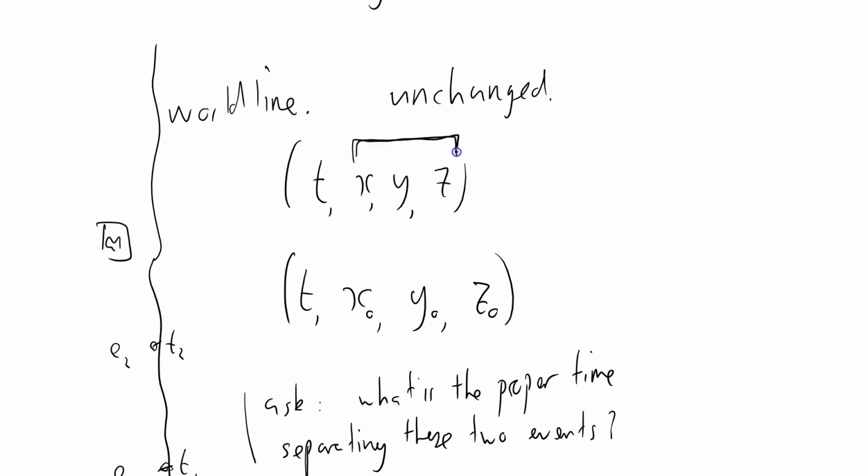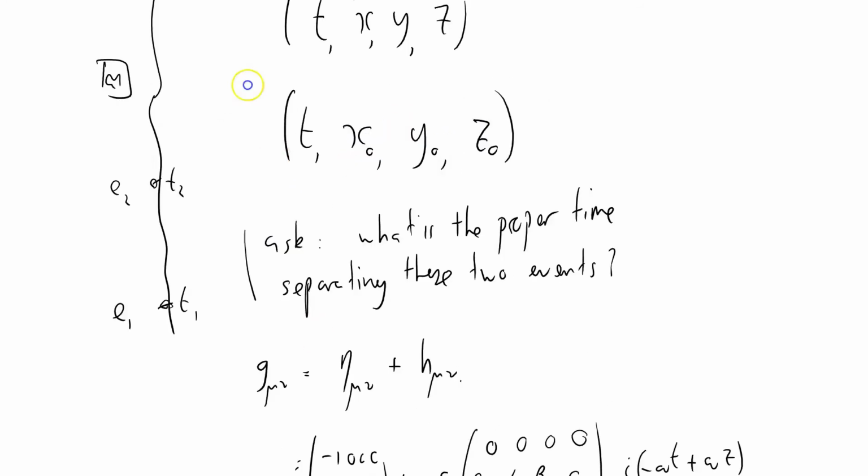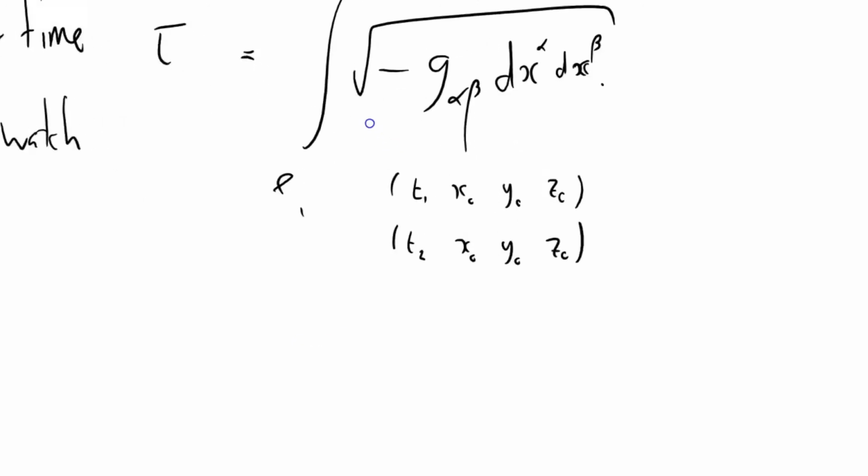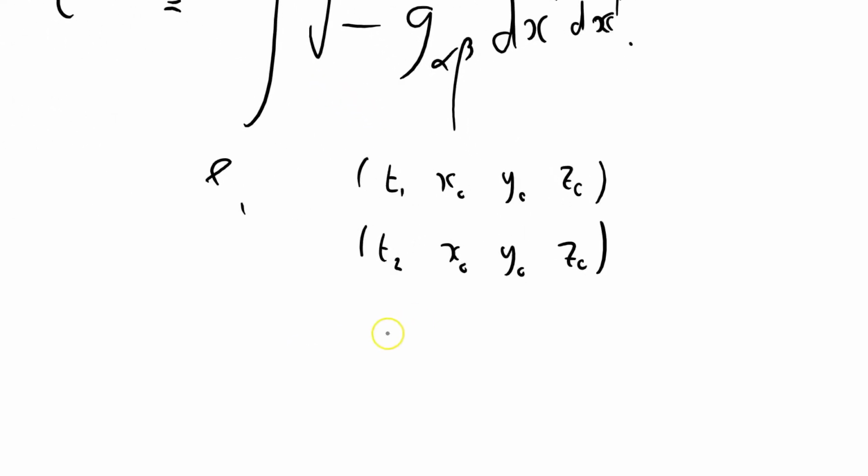Along the path from t1 x0 y0 z0 to t2 x0 y0 z0, because these three spatial components are unchanged, because the object is at rest in its own coordinate system that we have very carefully set up. So that tells me that dx equals dy equals dz equals 0.